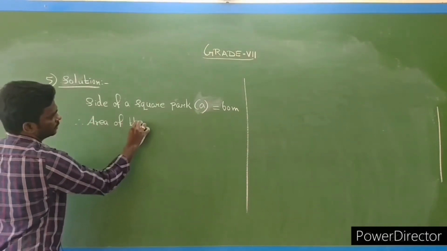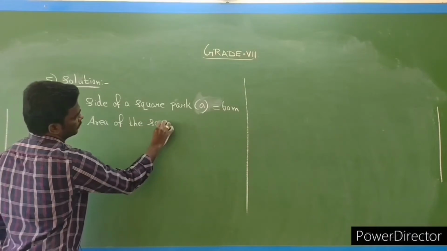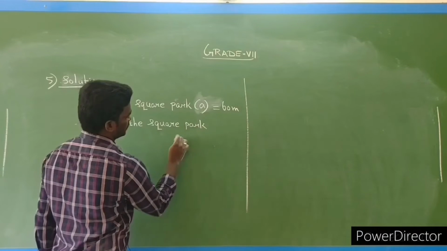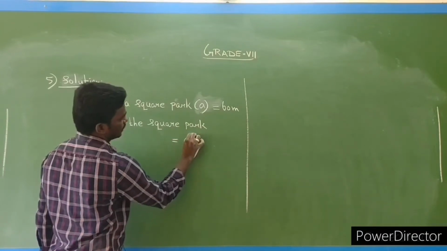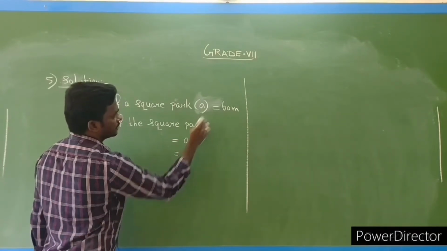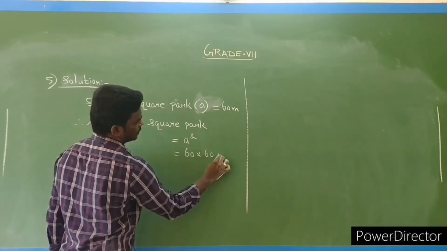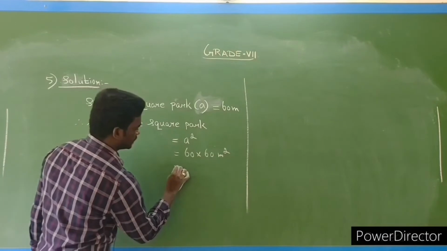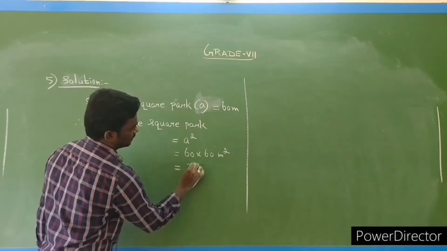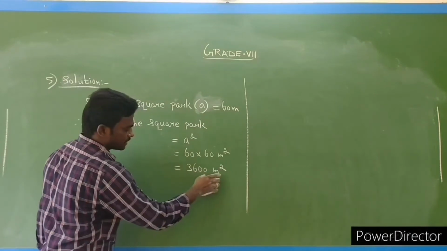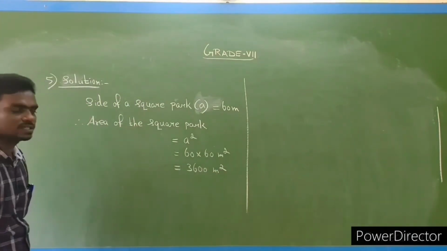Area of the square park is equal to A square. The value is 60 into 60 meter square, which is equal to 6 6s are 36 and 2 zeros. So 3600 meter square is the area of the square park.